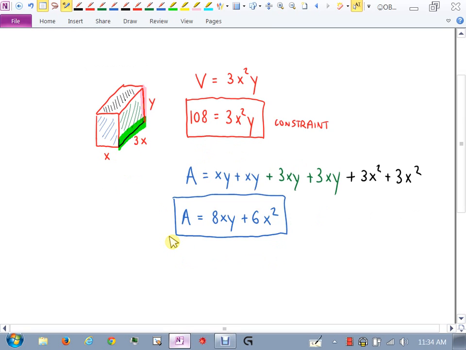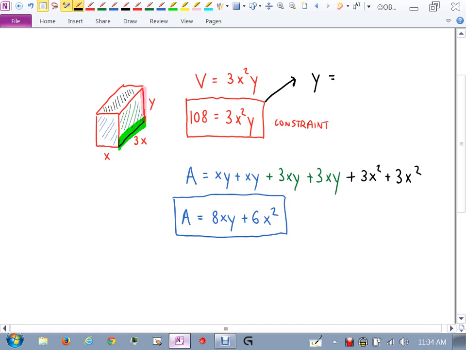Now the problem with this objective function is that it has both x's and y's in it. I'd like to get rid of the x's and the y's and just make it all x's or all y's. But I come back up to my constraint and I realize that I could solve this constraint equation for y, couldn't I? So go ahead and do that. Take your constraint, solve it for y.